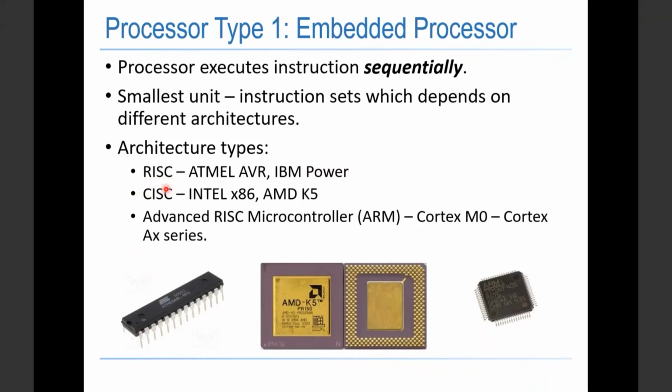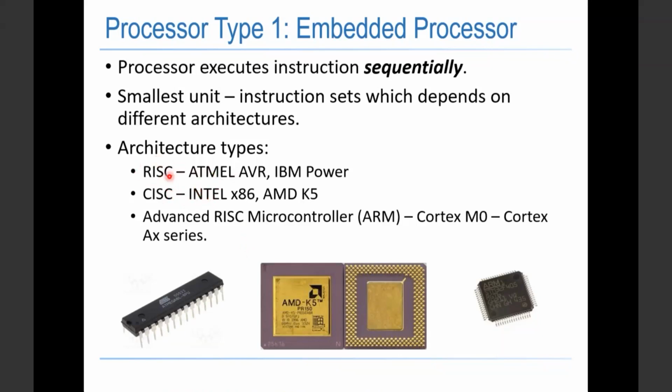Since it is complex, a single instruction can execute several low level operations. For example, you load from memory, a memory operation and a memory store, which means that one single instruction can execute a few actions.